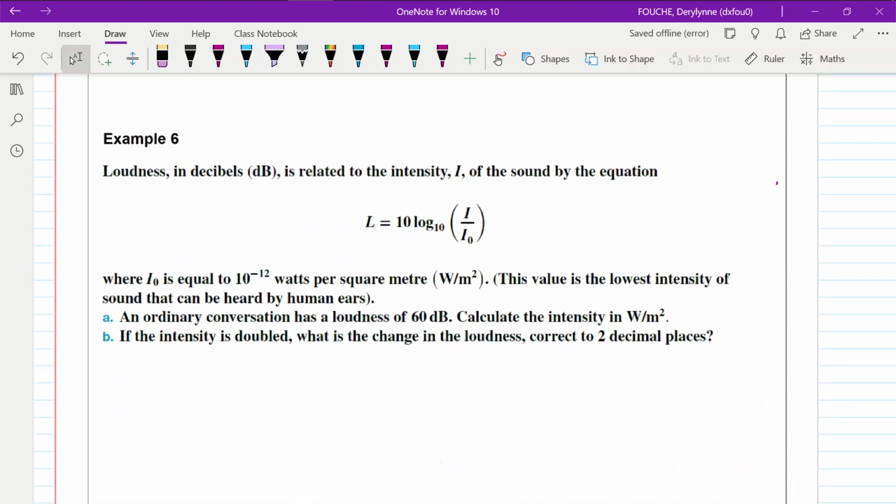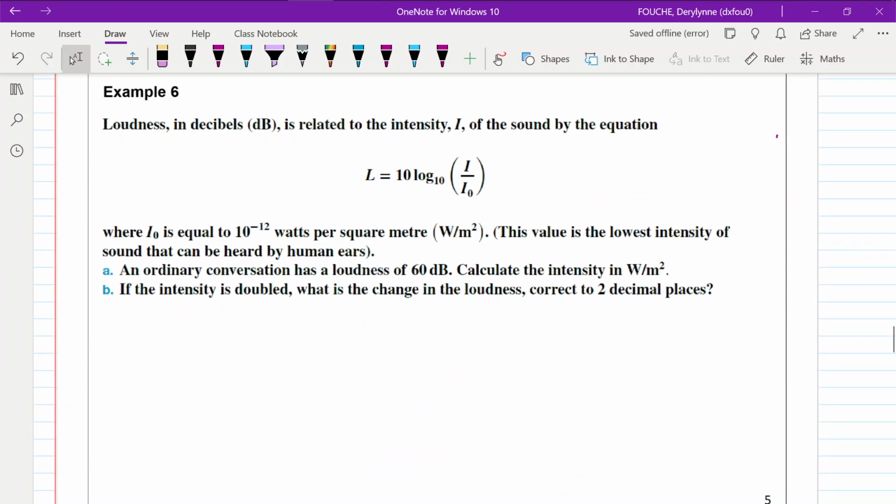Okay, let's have a look at the loudness in decibels. It is related to the intensity I of the sound by the equation L is equal to 10 log base 10 of I over I0. Okay, and they've told you that I0 is equal to 10 to the negative 12 watts per square meter. This is a really small number.